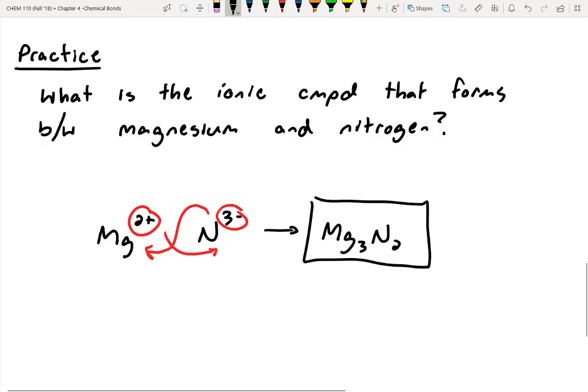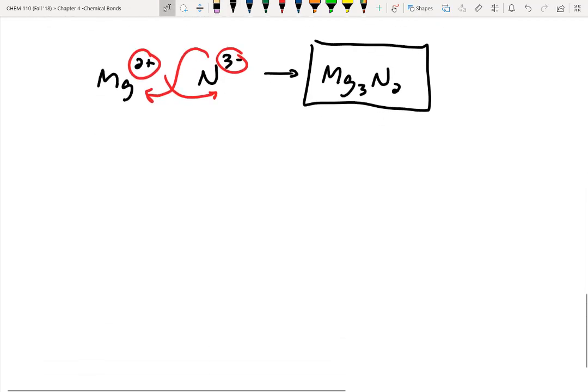But let's try to show this pictorially too, because I know it helps. We know we've got 3 magnesiums. So I've got magnesium, has a valence of 2. We've got 3 total magnesium atoms originally with a valence of 2, right? And then we've got nitrogen. We already predicted that we have 2 of them. Nitrogen normally has a valence of 5. All right?